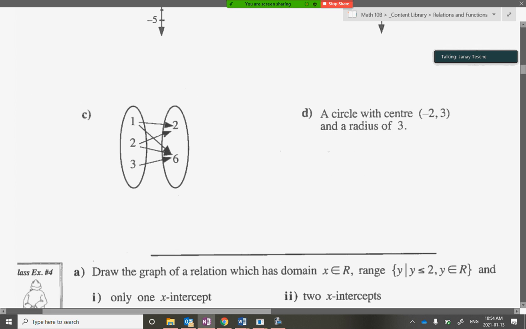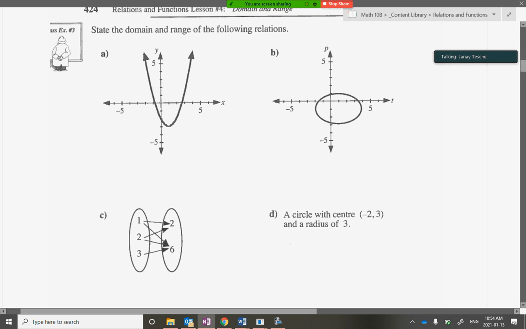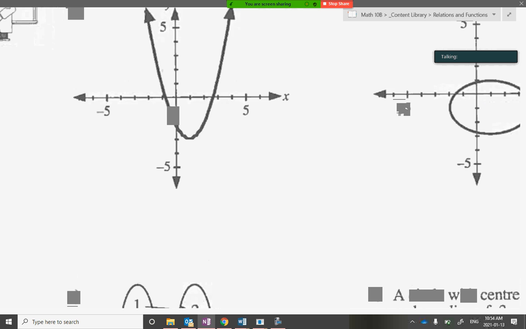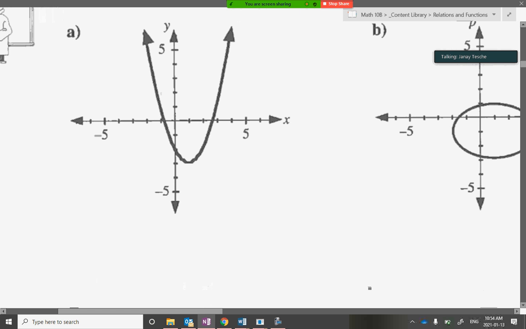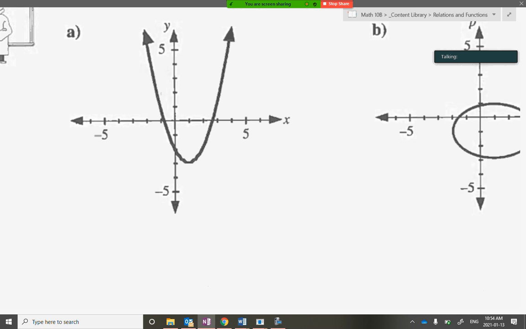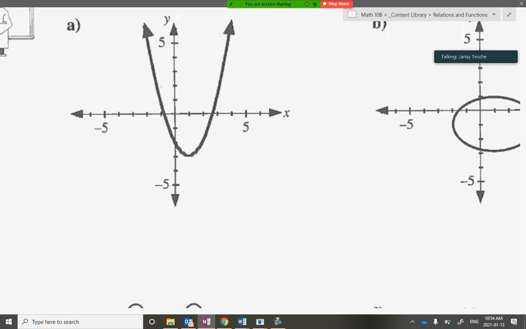Okay, let's try a couple of these. So let's look at A. I'm not going to do all of these. Let's just do A and C. So A, are there any restrictions on my X values here?